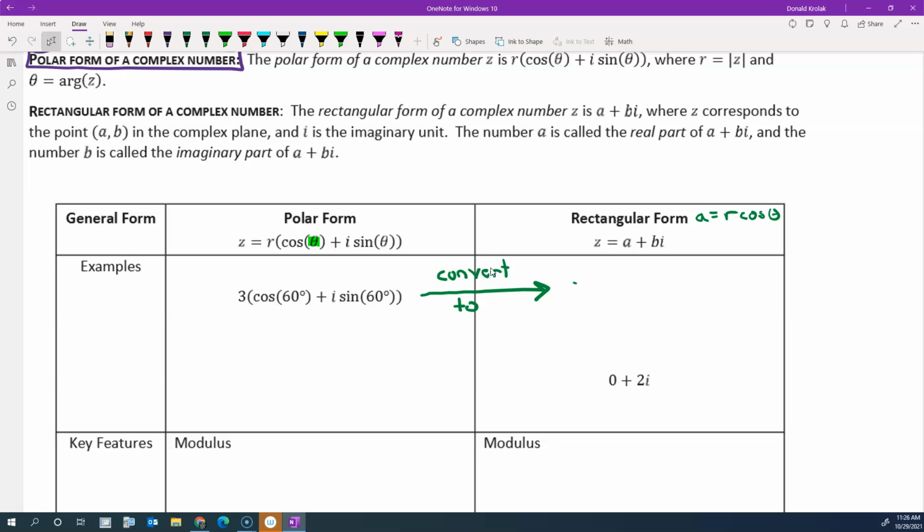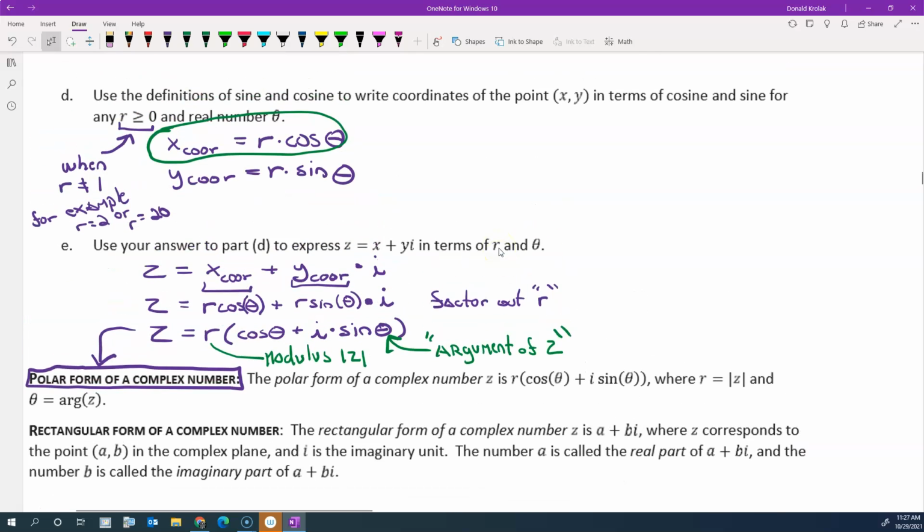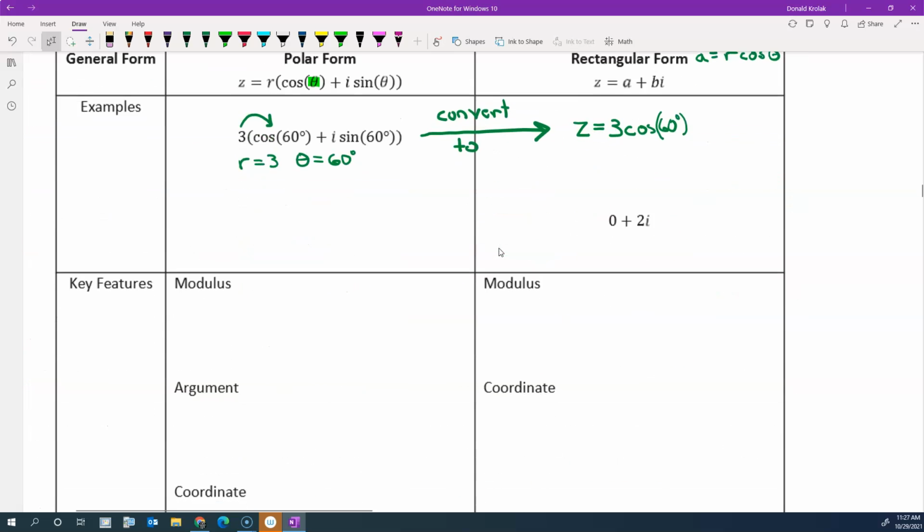All right? So in this problem, r is 3 and theta is 60. So this is going to be 3 cosine 60 degrees. Okay, the y coordinate is r times the sine of theta.